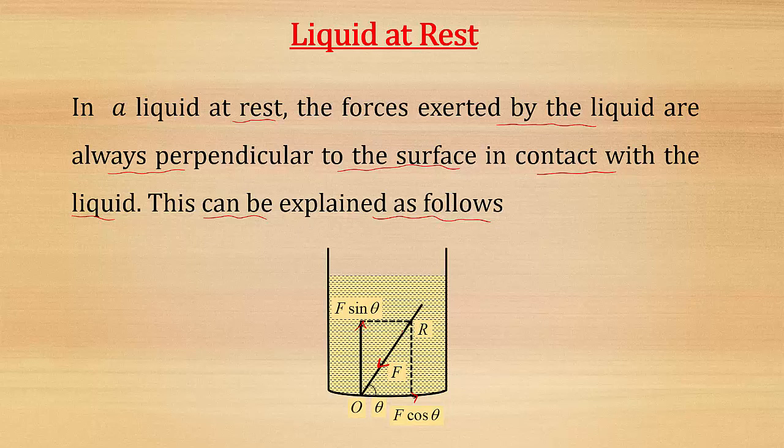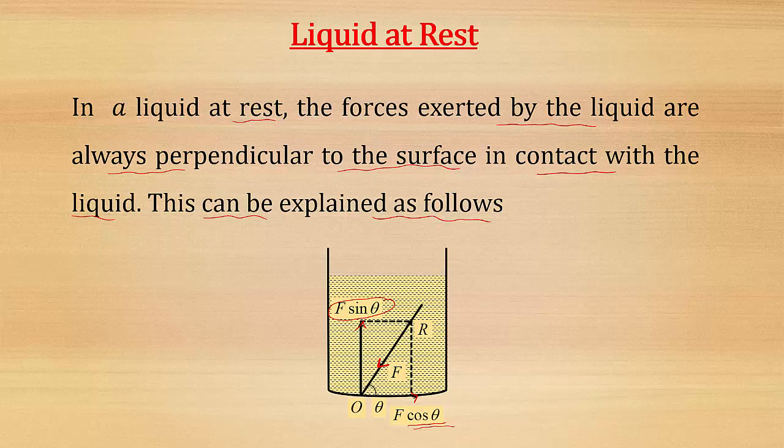Is it clear? So this is the applied force, the force exerted by the liquid, and this is perpendicular to the surface. For perpendicular, I am going to consider the vertical component. I am going to neglect the horizontal component because the liquid is not moving, it is not flowing. It is at rest. If it is flowing, then we can consider the horizontal component.